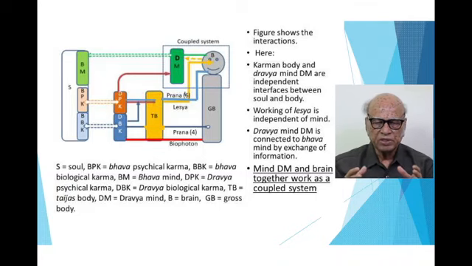You see, this is a very simplified picture of the living system, but even in that case, we find so many interrelations and so many interactions between the various components. This is a very, very simple model which we have produced, but if you want to go into the details of interactions, you might consider a particular kind of karma, or a particular part of the body, and try to draw an interaction system.